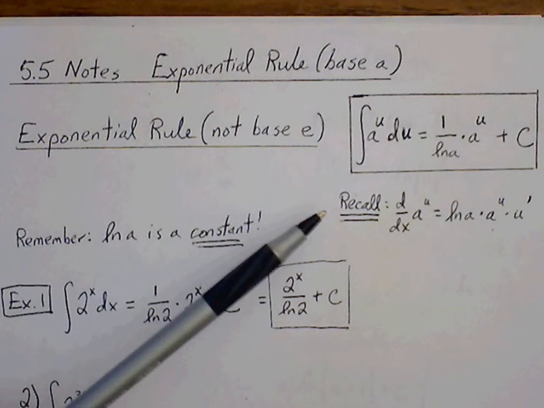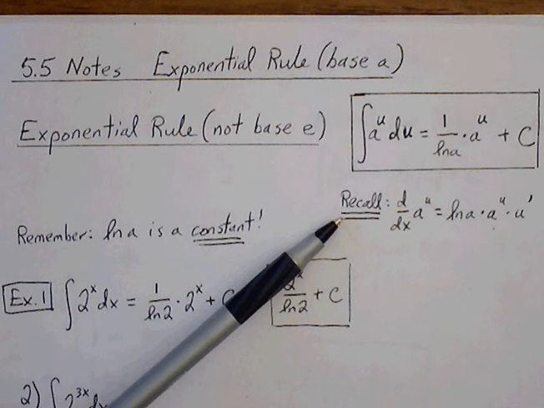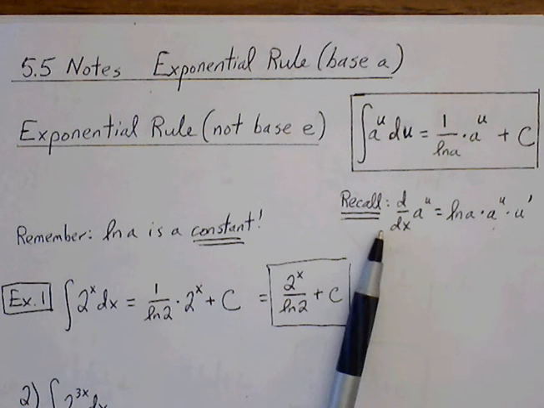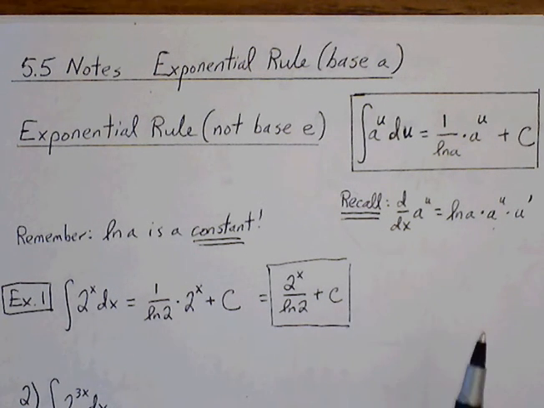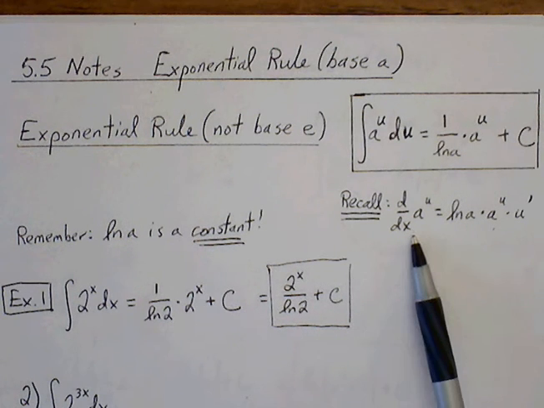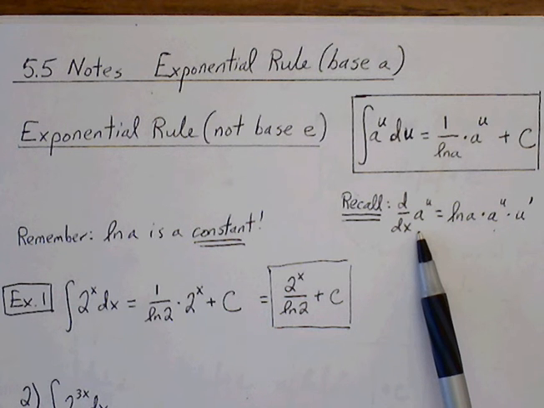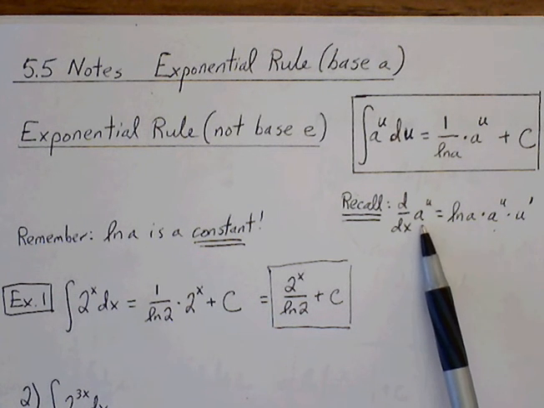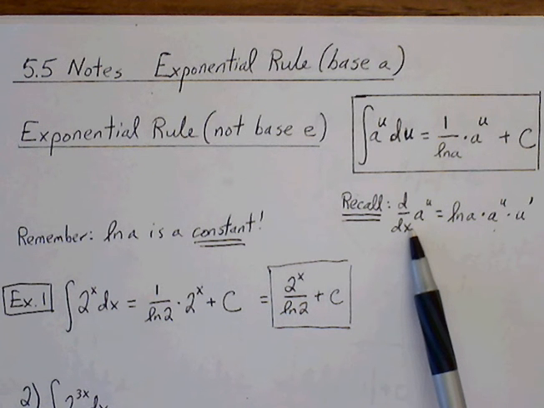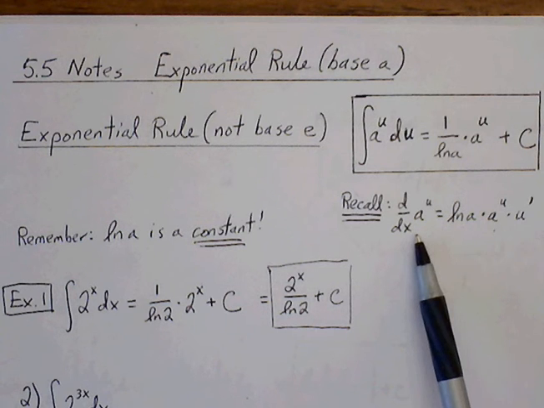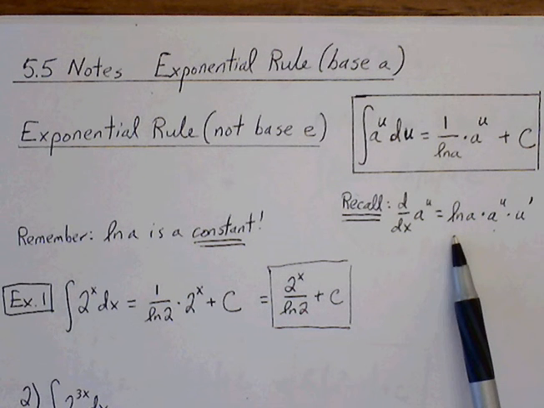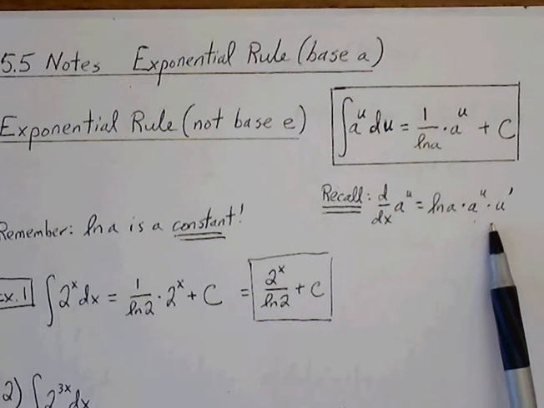If we recall, we know that the derivative of e to the u is simply e to the u times u prime. But the derivative for a to the u, where a represents a value other than e, like 2 to the x or 3 to the x or any value raised to the x, we have to adjust for the fact that it is not base e by saying natural log of a times a to the u times u prime.